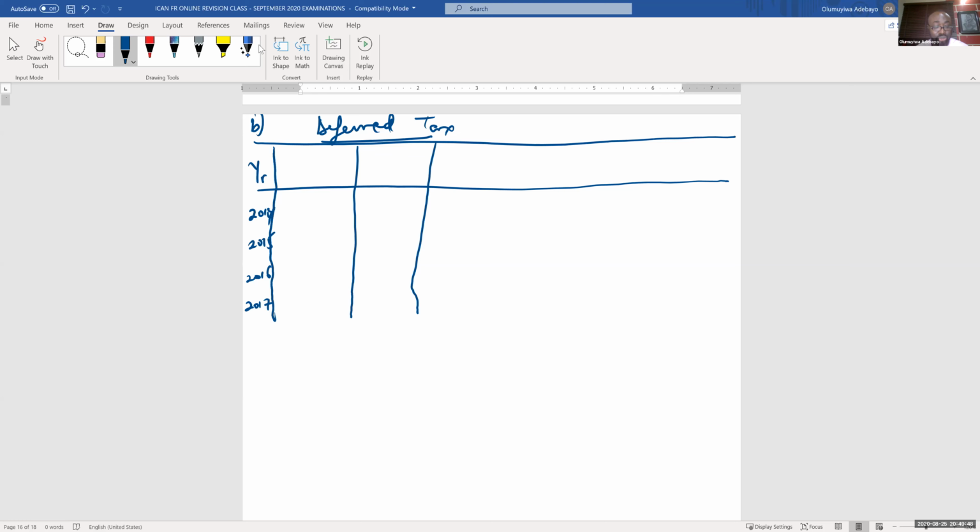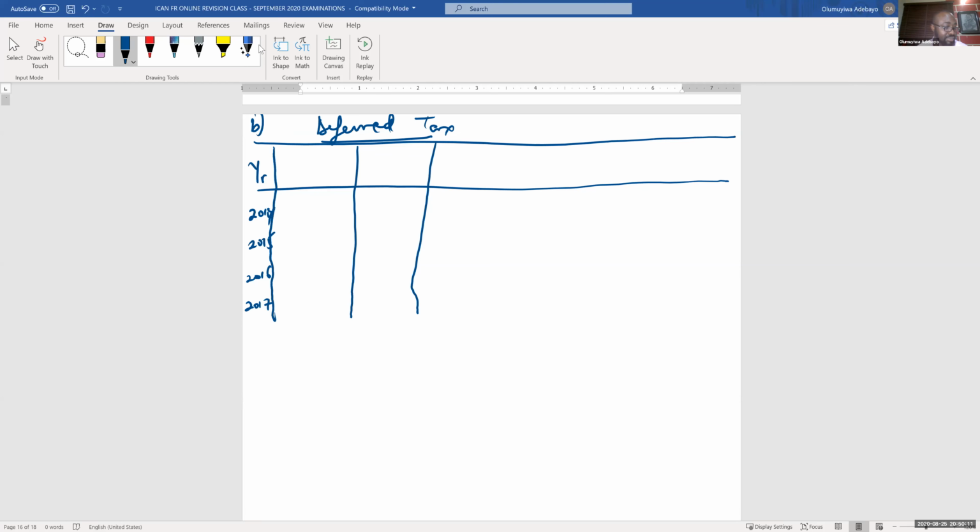And to determine deferred tax, we need to observe whether there's a temporary difference. To know whether there's a temporary difference, we compare two things. What are the two things we compare to determine temporary difference?